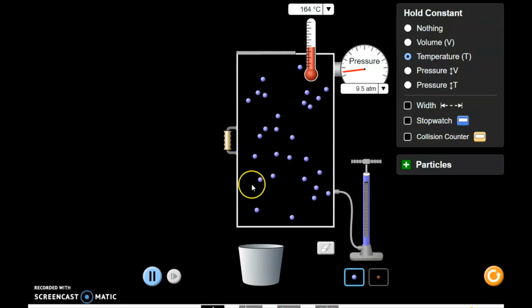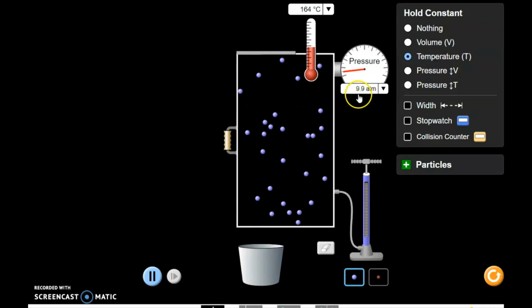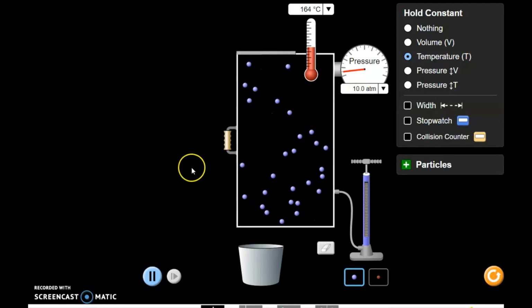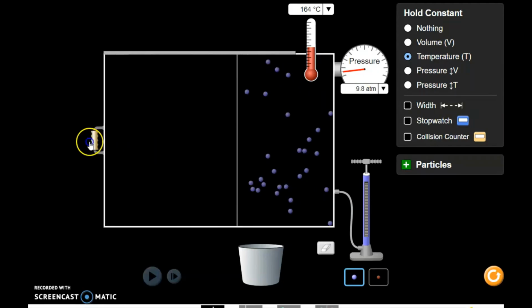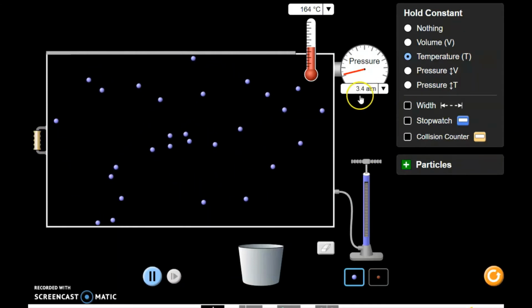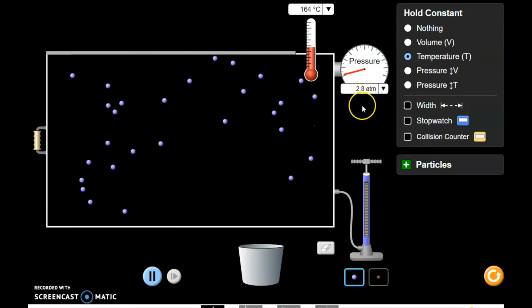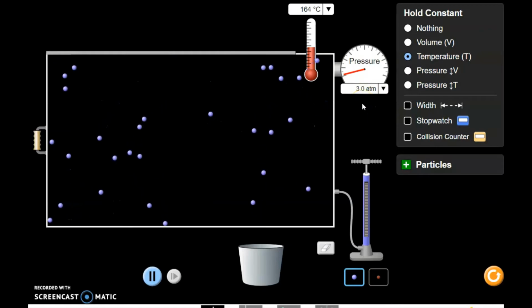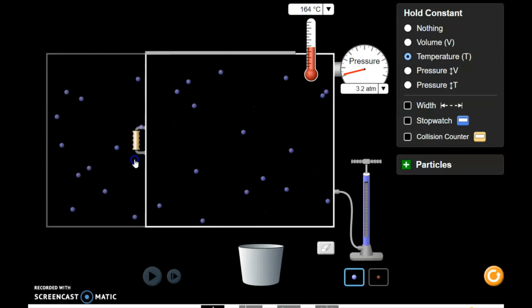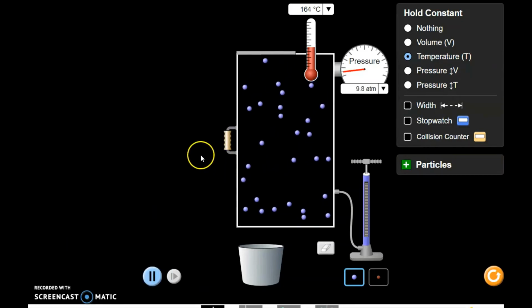Let's see what that does to our pressure. Our pressure has gone from 6 to 9 something. If I make the volume larger, our pressure drops from our original 6 to only 3. So as the volume gets less, the pressure goes up.